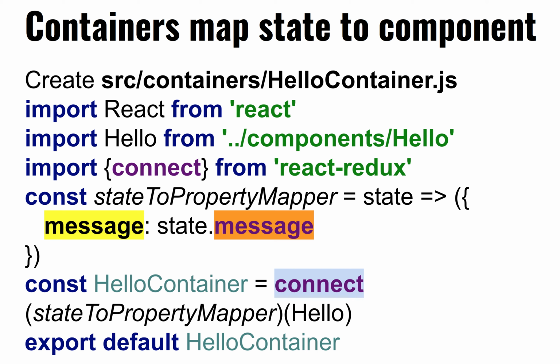The response from this mapper is going to be another JSON object that says, take whatever is in this state and map it to the property that the component is expecting. The component is expecting an attribute, a property called message. And just to keep it straight in my head, I called it the same thing in the state. It didn't have to be.